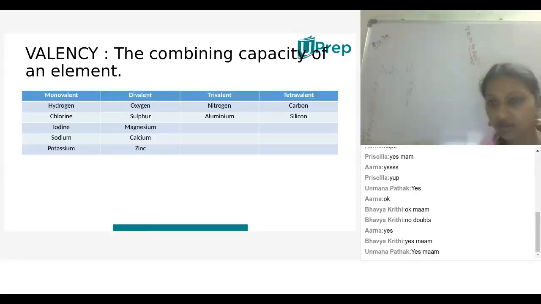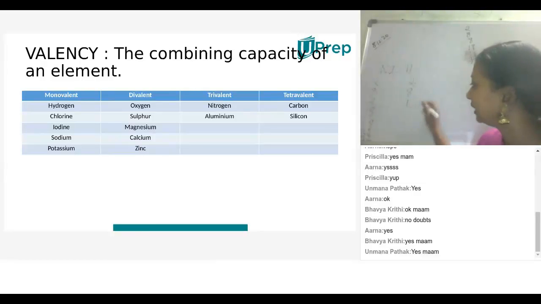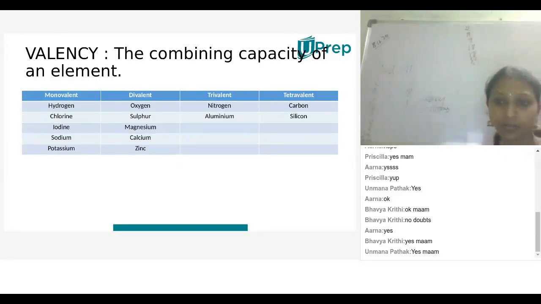This is called the last shell. The last shell is known as the valency shell, and the electrons present in the last shell are called valence electrons. How many electrons it donates or accepts is mainly based on the valence electrons. If the valence electrons are up to 4, it donates.